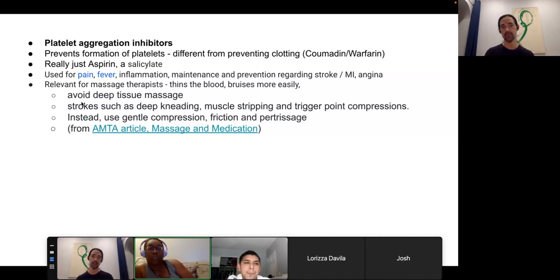For them, it's important that you avoid deep tissue massage. You have to use techniques like gentle compression, friction, and petrissage. Avoid techniques like deep kneading. Avoid muscle stripping. Avoid trigger point compressions.